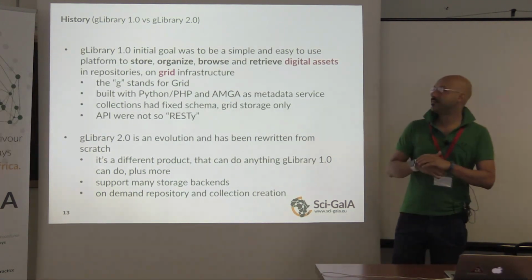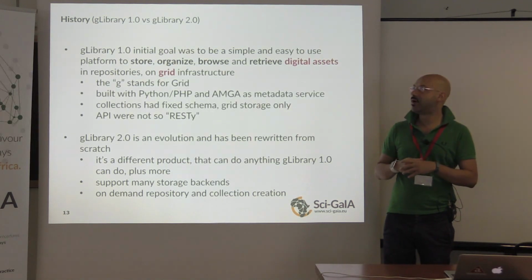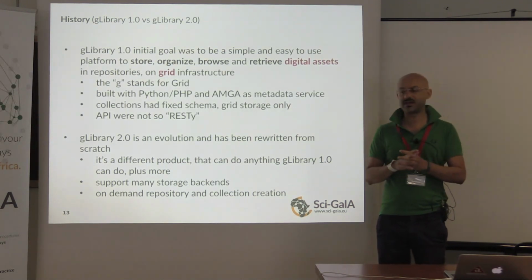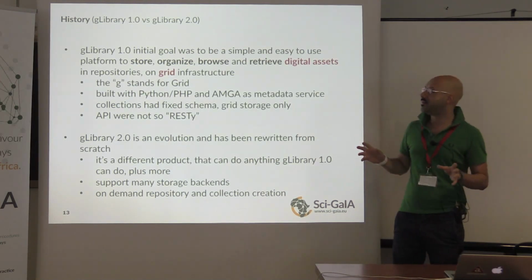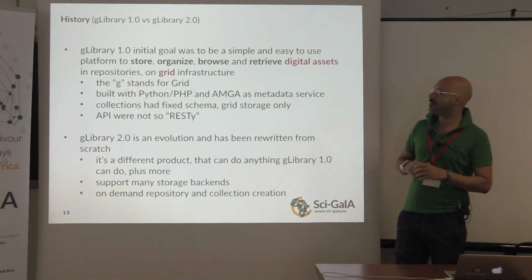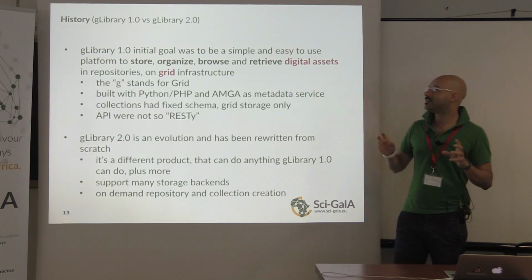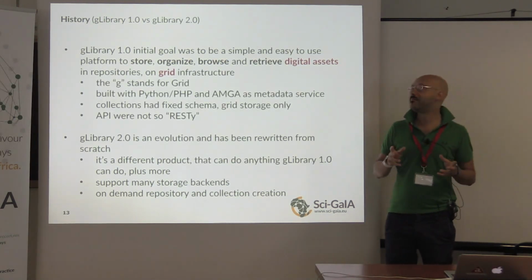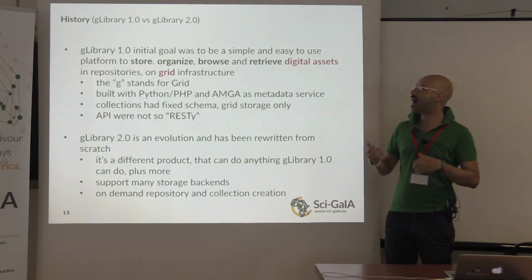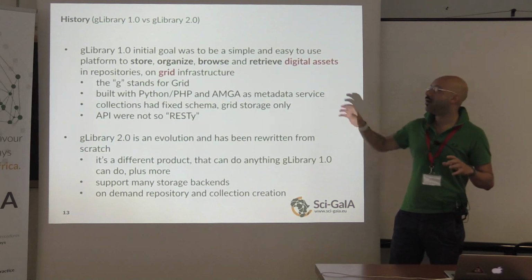Some history. GLibrary 1.0 was born in 2007, I guess. It was a totally different idea from GLibrary 2.0, because GLibrary, where the G stands for grid, was a really simple and easy to use system to store, upload, browse, and organize digital assets on grid infrastructure.